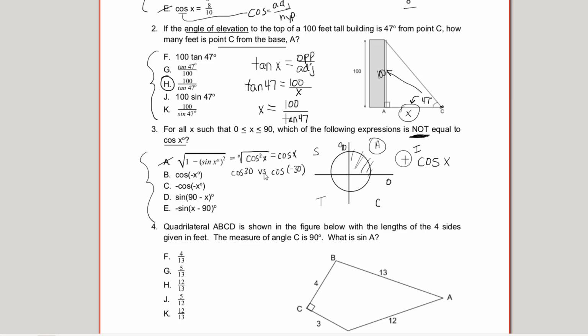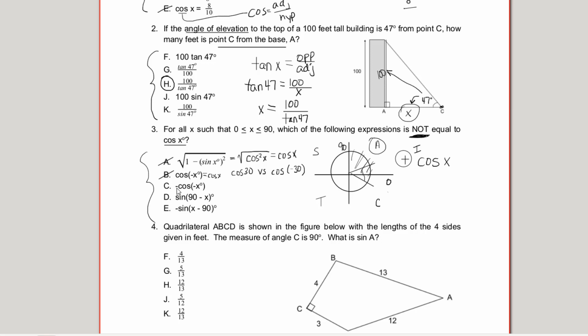Cosine of positive 30 is going to be up here somewhere, and cosine of negative 30 is down here. And we know the values of that. We can do it, but we really don't even have to think about that. Let's think about the signs. All students take calculus. Cosine is also positive in the fourth quadrant. Our reference angles are the same, so this is also going to be equal to cosine of x. Same thing here. So we're looking for the not, so that one's out.